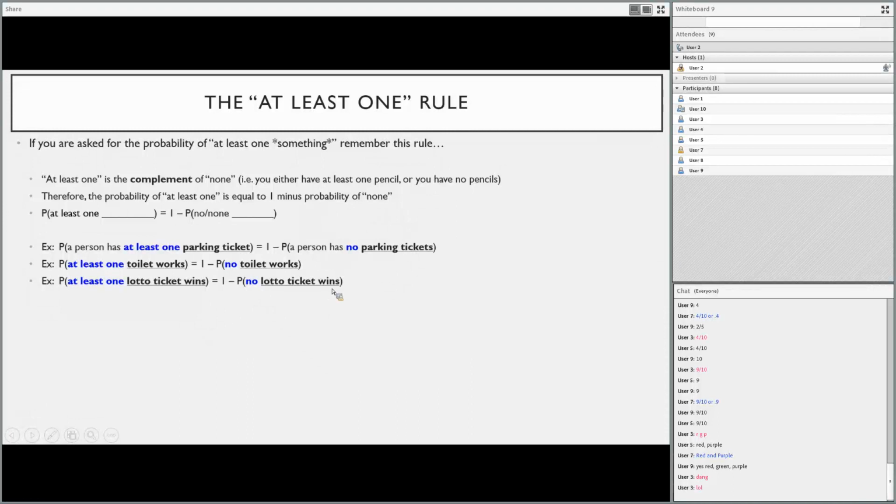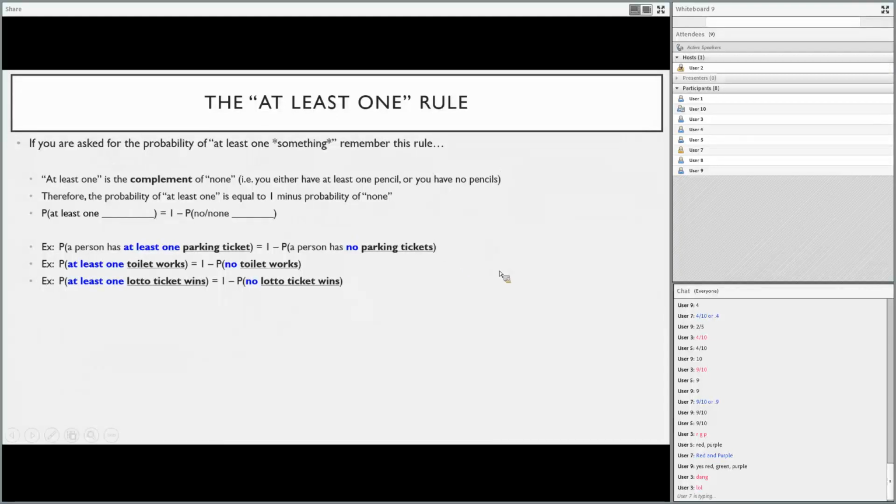The probability that at least one lottery ticket wins is equal to 1 minus the probability that no lottery ticket wins. Do you guys notice in all these examples, the phrase in the blank, the underlined portion, is the same on both sides of the equal sign? All that's changing is on one side it says at least one, and on the other side it says no. We basically just filled in those phrases into this formula up here.